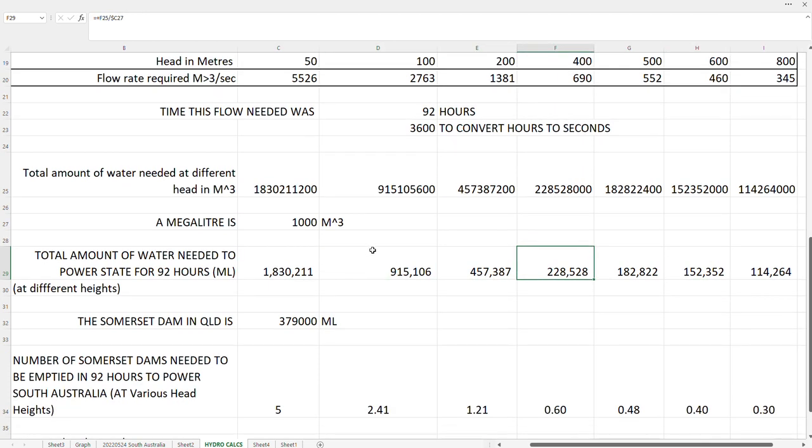So I compared it to something I knew. Now the Somerset Dam in Queensland is the second main water supply for Brisbane. It's in southeast Queensland, and it's a pretty big dam, and it holds 379,000 megalitres.